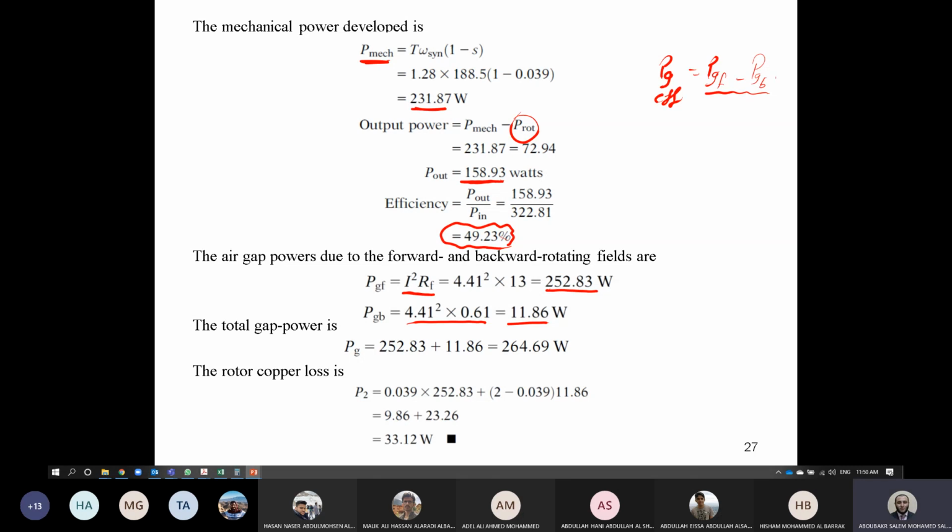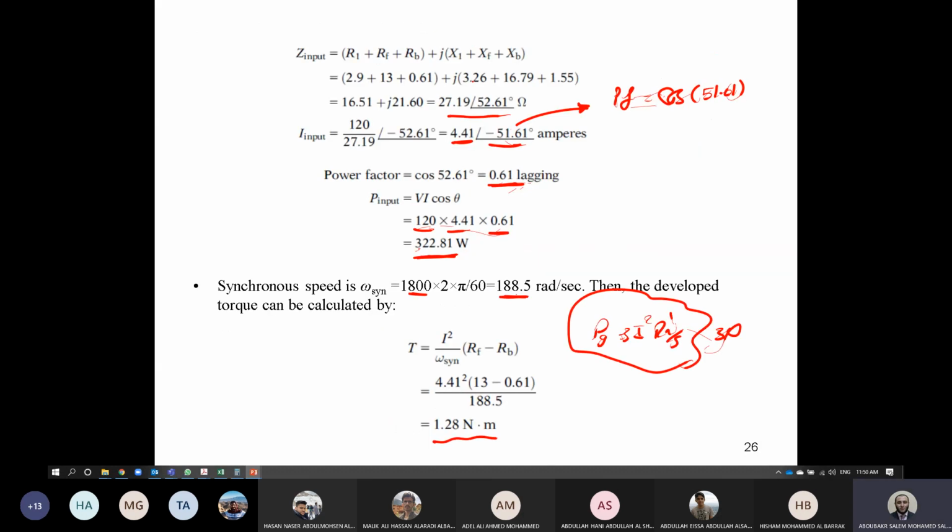Shabab, this point is very important. You have to understand it very well. If you would like to obtain the effective gap power, which will affect the output or mechanical power, you should get the difference between the powers, as we made here in torque. In the previous slide, I square R F is nothing but P gap forward, and I square R B is nothing but P gap backward. So we could say T equals P gap forward minus P gap backward over omega.